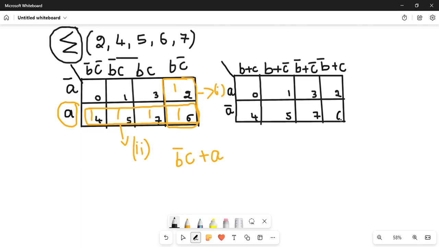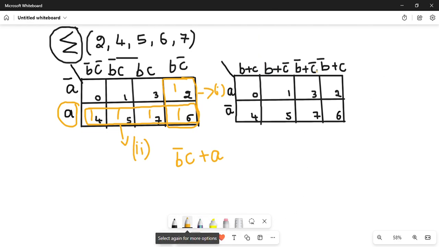So now here you are supposed to fill the remaining with zeros, right? Here it is 2, 4, 5, 6, 7. If you eliminate 2, 4, 5, 6, 7, whatever the values you have, substitute with zeros.